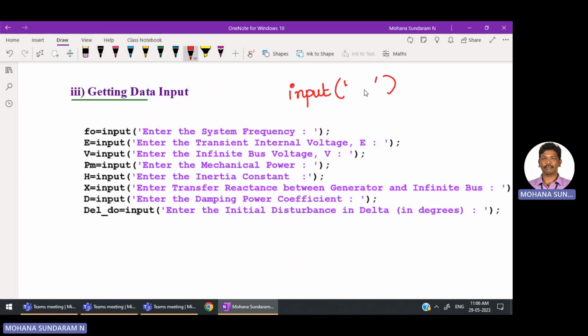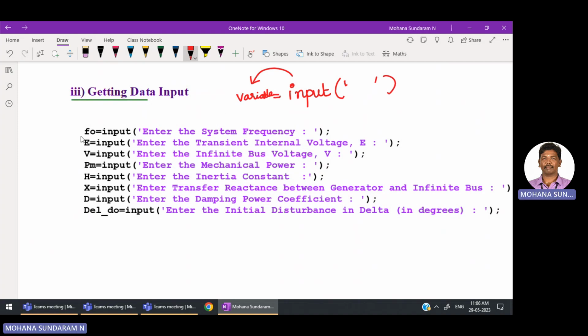It is used to display to the user so that the user can know what value has to be given. Whatever you give inside single quotes will be printed as such. If you put an input, this will wait for the user to give some input. When the user gives some input, that will be stored into a variable that you mention here.